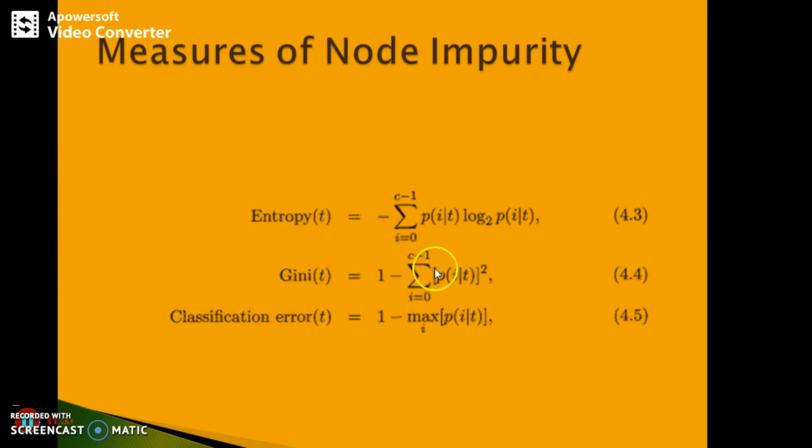So entropy, there is a formula here, and this is the formula to calculate entropy. The next measure is Gini, and this is the formula to calculate the degree of impurity. Next, classification error. There are 3 measures: entropy, Gini, and classification error. We'll see these formulas in detail while solving the problem.